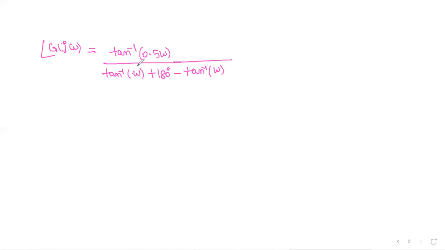Here the plus tan inverse and the minus tan inverse get cancelled. So we are left with minus 180 degrees, taking the denominator part to the numerator: minus 180 degrees plus tan inverse 0.5 omega. This is the phase angle for the given loop transfer function.